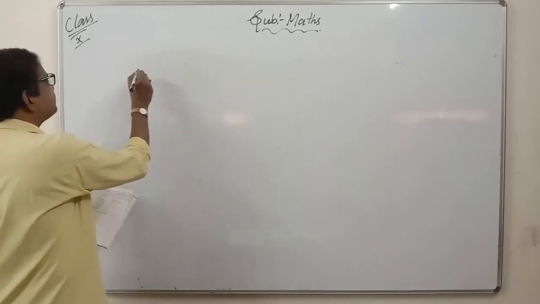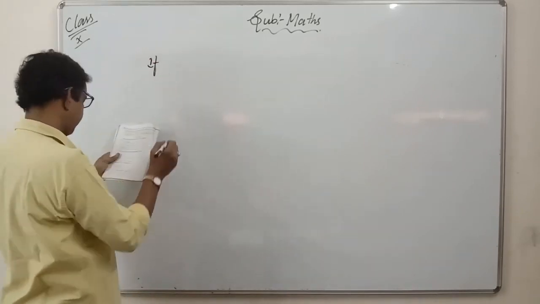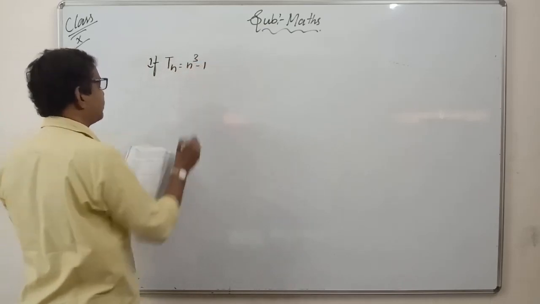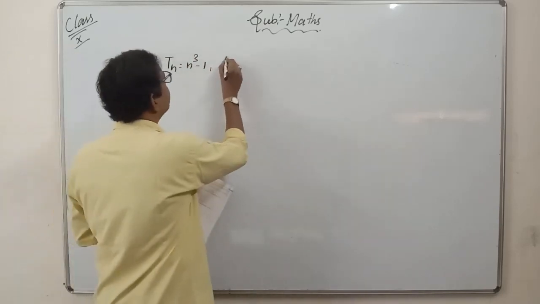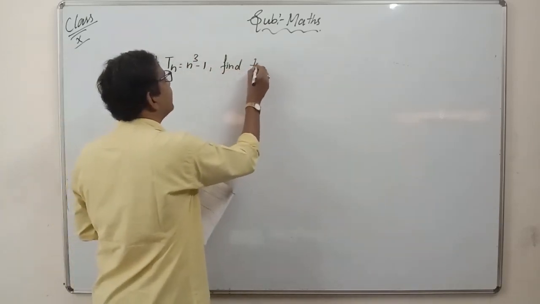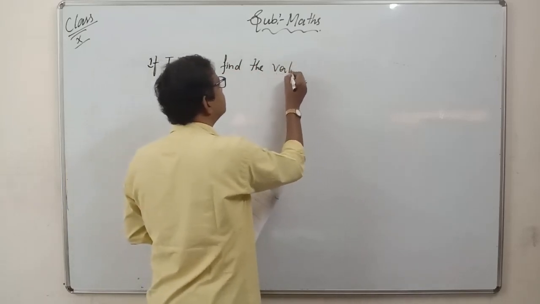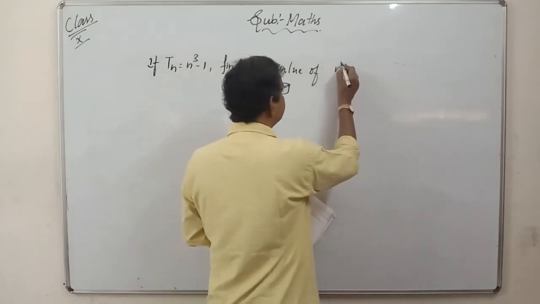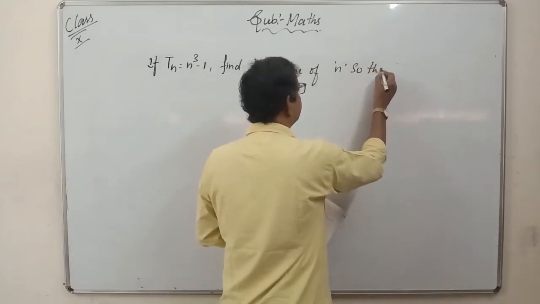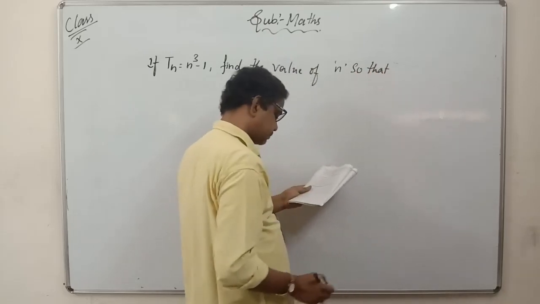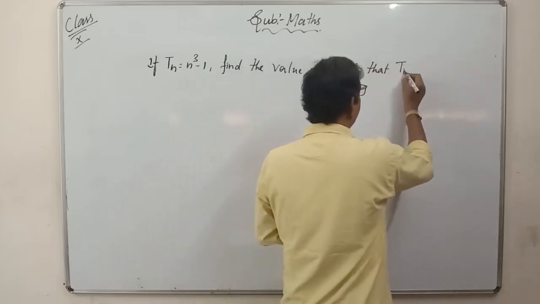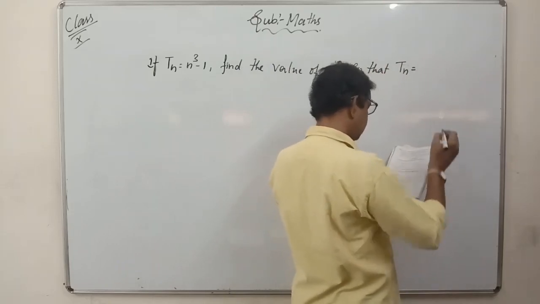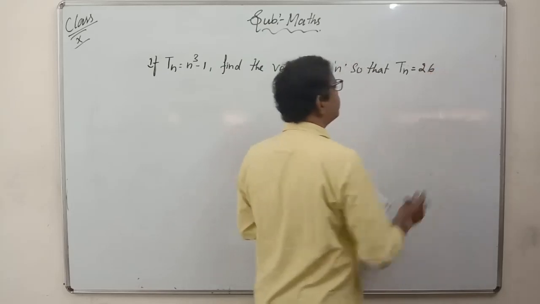Now, if Tn equals n cube minus 1, find the value of n so that Tn equals 26.